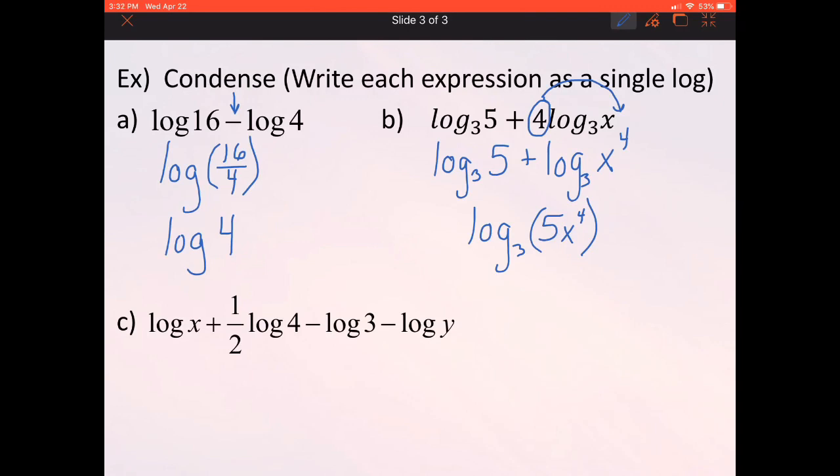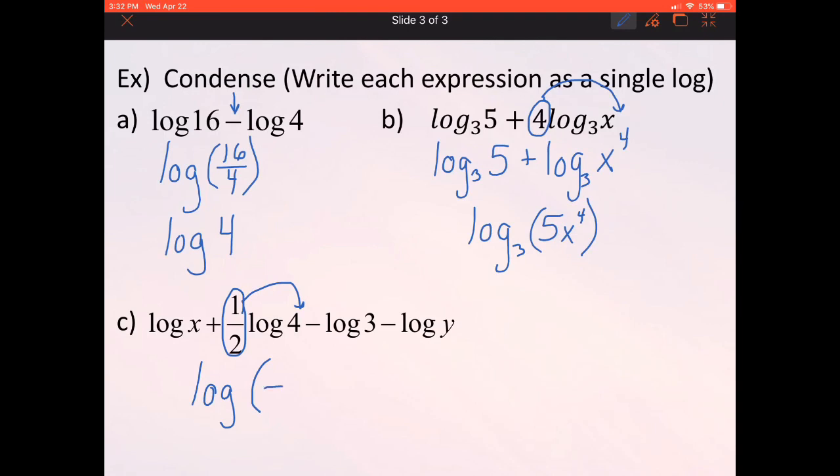All right, so before I can actually put them together, I have to remember that if I have a number in front, I need to make that the exponent. So I now have, let's put them all together, log of, and I don't have a base number, so it's base 10, but I'll have to write it. Log of, and I'm going to put a parenthesis, and I remember I said some things are going to multiply and some things are going to be divided, so they're going to be at the bottom.